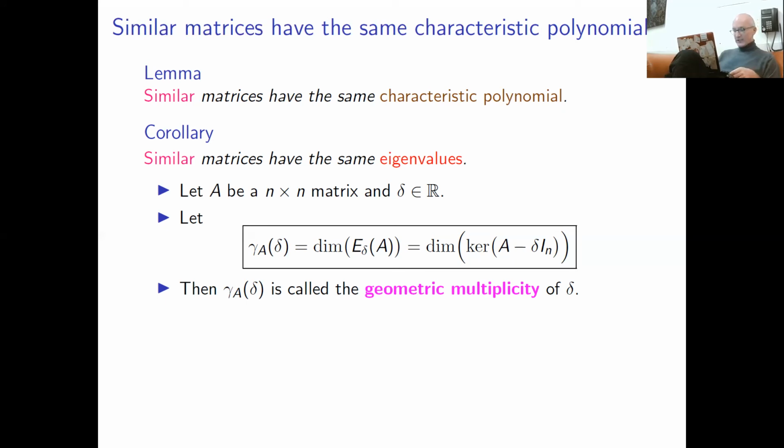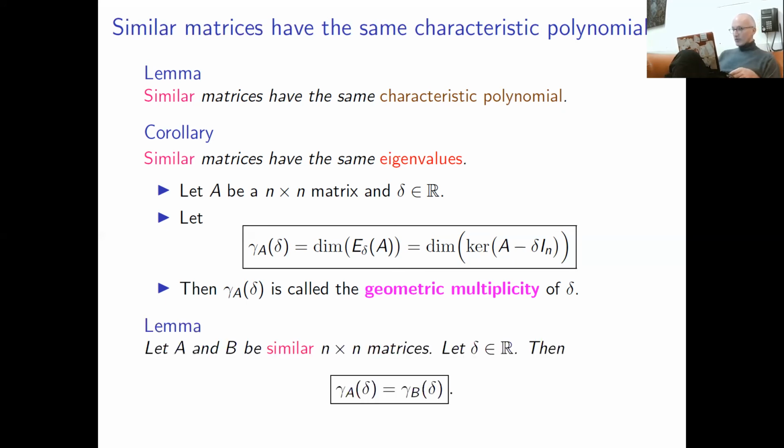Okay, this is important. And what is the important thing about similar matrices? Similar matrices have the same geometric multiplicity of each number. We already know that similar matrices have the same eigenvalues, but they also have the same geometric multiplicities of each eigenvalue. This is important, and we will use this result many times later.